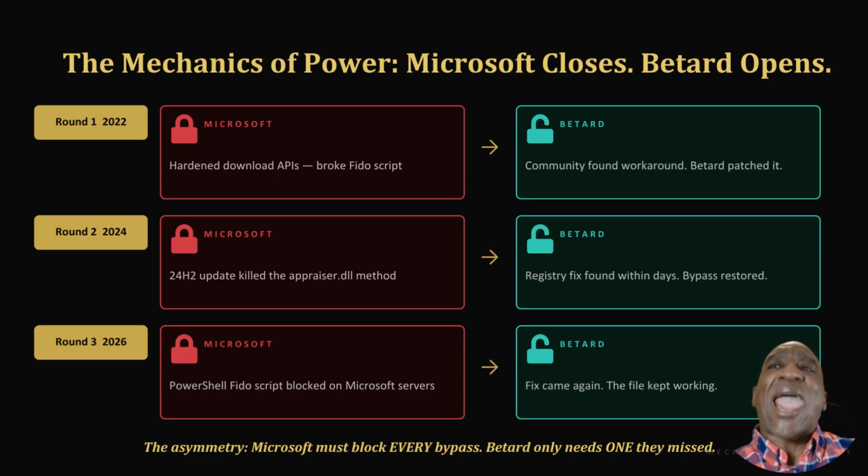Rufus found a workaround, right? In 2024, Microsoft blocked major bypass methods. Rufus patched it within days. And then in 2026, Microsoft blocked another download mechanism to stop Rufus from working, so people would have to buy new computers, right? And ultimately, Rufus adapted again.